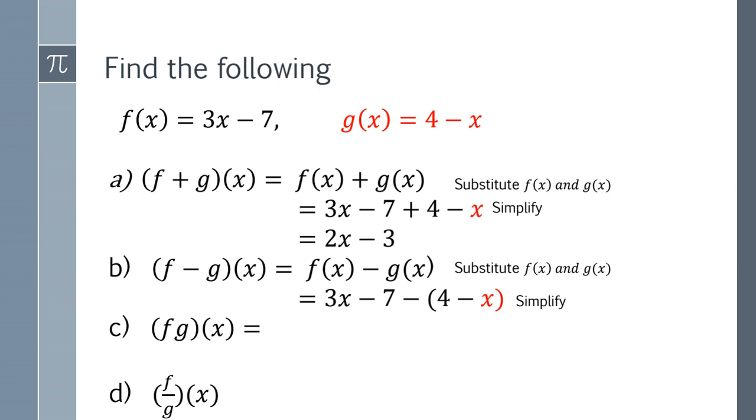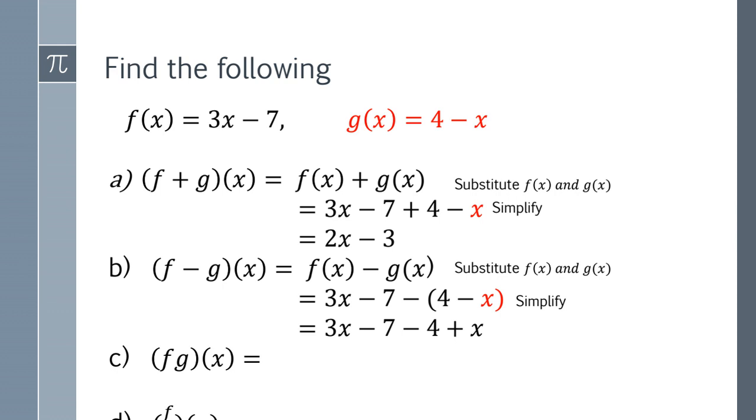So again, f of x is 3x minus 7 minus g of x. Now, if you notice, I had to put parentheses on my two terms here because of the subtraction. This subtraction has to be distributed to all of the terms from the second function. So before I can simplify, the first thing that I need to do is distribute that negative symbol, or the subtraction.